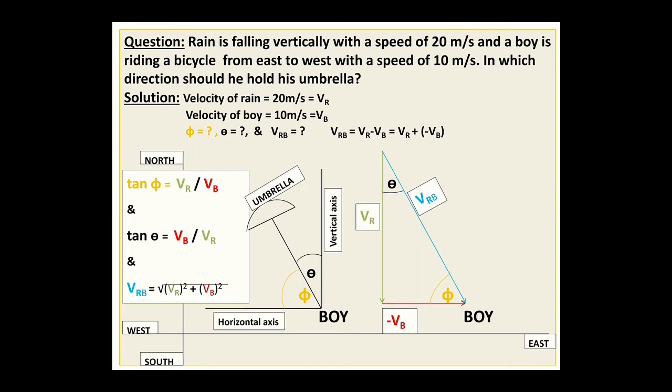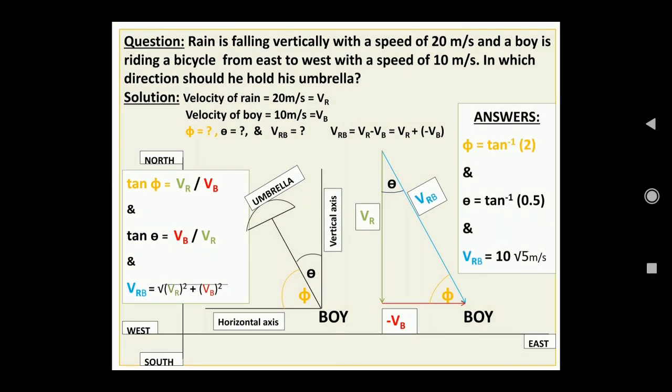As you know, h is equal to root over p square plus b square. So VRB will be equal to root over VR square plus VB square. By using these three formulas, you can simply calculate phi, theta and VRB.